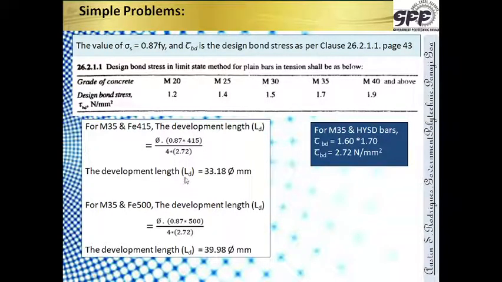So this gives me the development length LD equal to 33.18 times the diameter. Similarly for M35 and Fe500, the development length is phi into 0.87 into 500 divided by 4 into the bond stress, that is 2.72. So finally we get the development length LD equal to 39.98 times the diameter.